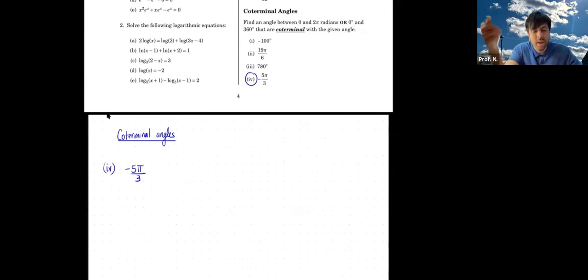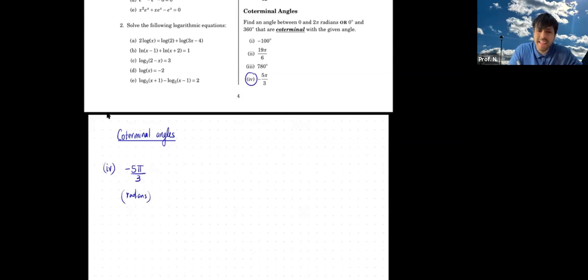And you can add and subtract 360 degrees as many times as you'd like. In this problem, this is in radians, okay? So we want to go from radians, negative 5 pi over 3, and find a coterminal angle to this. And the coterminal angle must be between 0 and 2 pi radians.